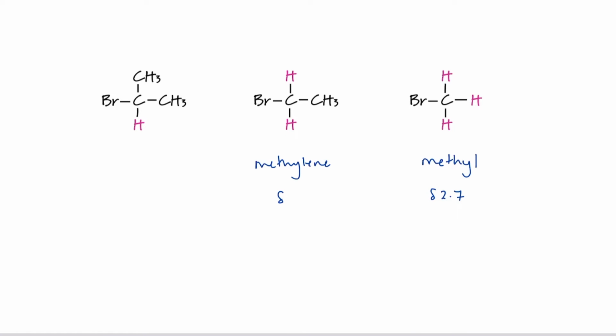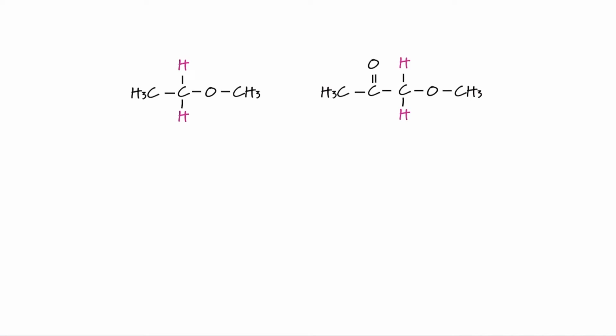We'd expect a chemical shift of around 3.5 for those particular protons, or whether it's a single proton bonded to a carbon. So in that case, methine, chemical shift of 4.3. And if our proton is close to more than one functional group or electron withdrawing group, the effect on the chemical shift is going to be cumulative.